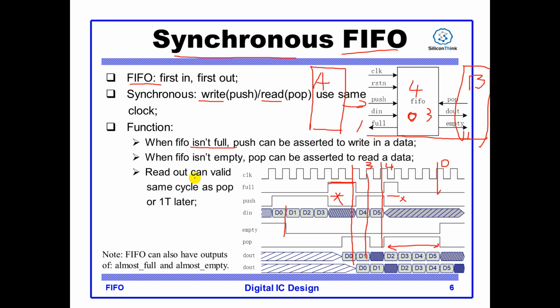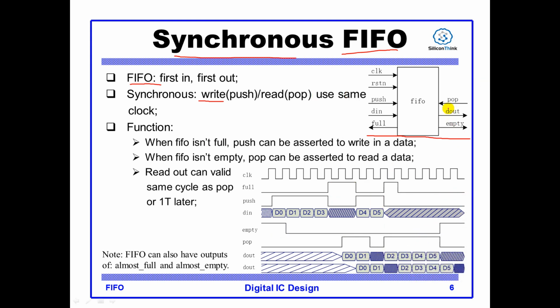And for block B, when empty is not asserted, you can pop the data from the FIFO. Only when empty is not asserted can block B pop data. So for these cycles, block B can't assert pop high.